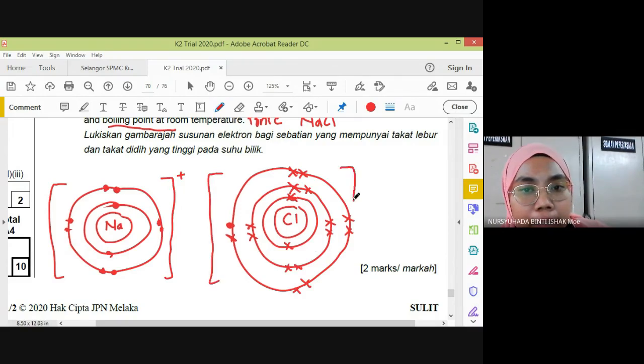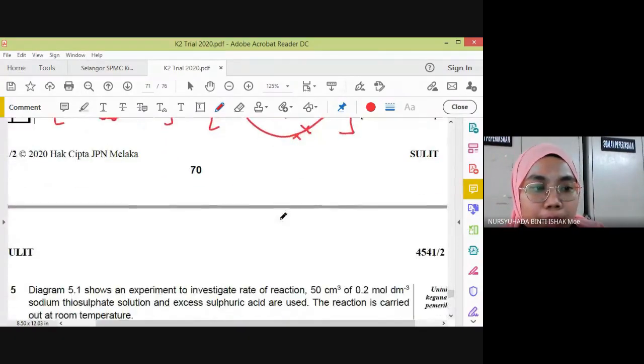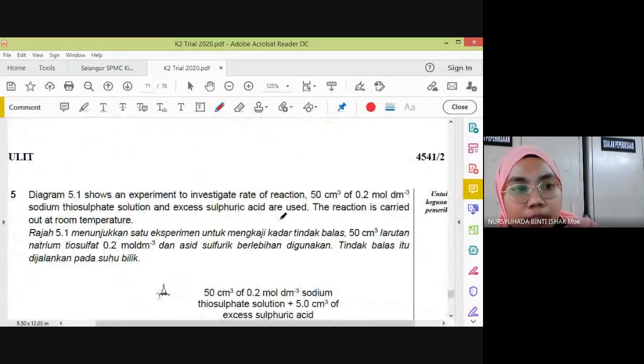Okay, then charge dia minus. So, 2 markah, pastikan number of shell, number of electron betul untuk dua-dua and that charge pun betul baru dapat 2 markah. Boleh? Okay, next we go to next question.